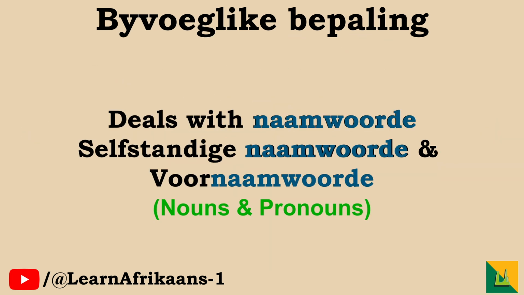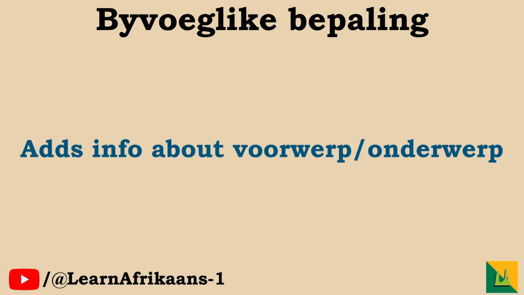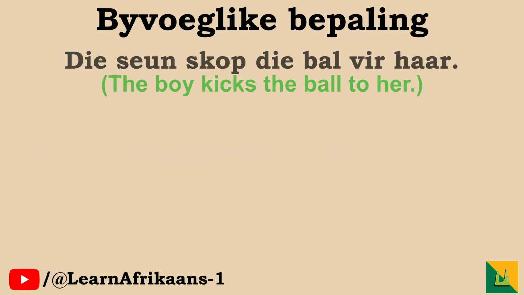The byvoeglike bepaling does the same but for naamwoorde, selfstandige naamwoorde en voornaamwoorde, nouns and pronouns. In our sentence, the byvoeglike bepaling adds more information about our voorwerp or onderwerp. Let's see our sentence. Die seun skop die bal vir haar.